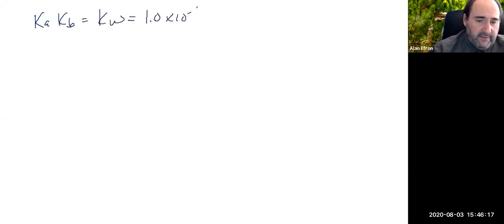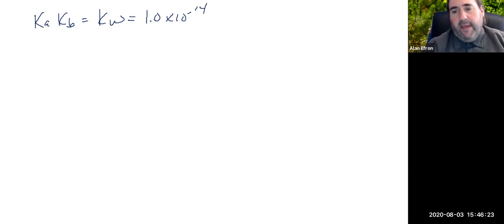So there is a nice relationship between Ka and Kb. If you take the Ka value and multiply it by the Kb value, that equals our Kw, which is 1 times 10 to the minus 14. And this relationship is very useful because we may have a situation where we want the Ka value versus the Kb value, or the Kb value versus the Ka value, and they give us the wrong piece of information, if you will.